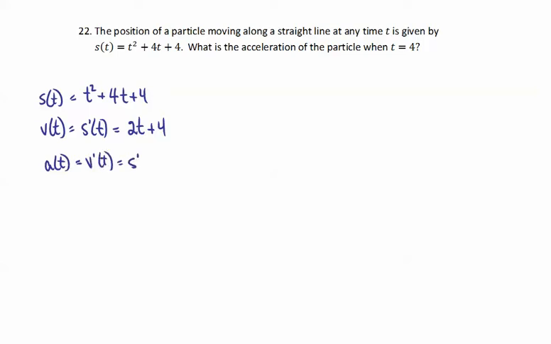It's also the second derivative of position, and so that is just 2. So it doesn't matter what the time is, the acceleration is constant, and so it will be equal to 2. We'll go on.